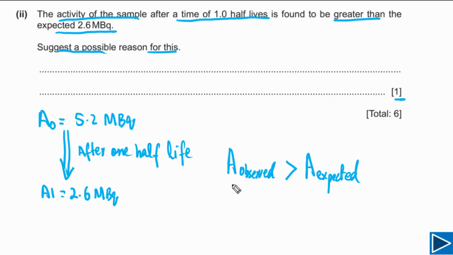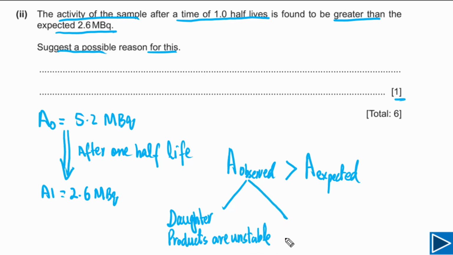The question is asking us to explain why it's like this. There can be 2 reasons. The first reason can be that the daughter products are radioactive, or we can say daughter products are unstable. The second reason can be background radiation.